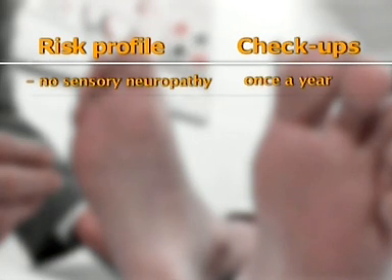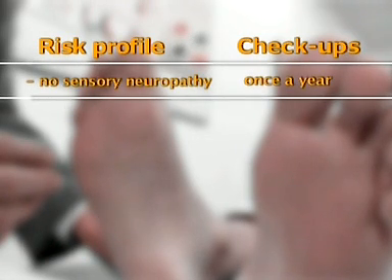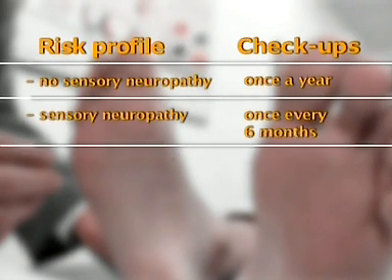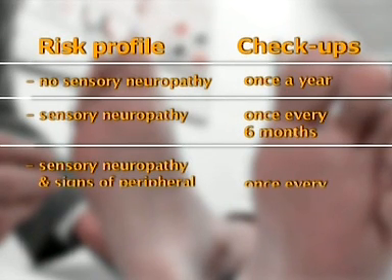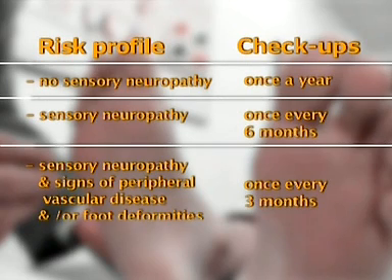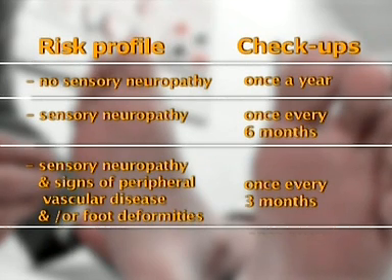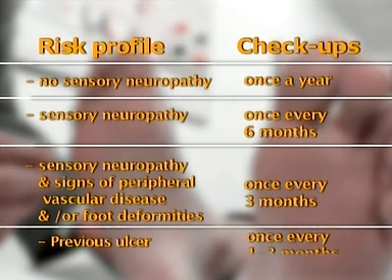No sensory neuropathy, once a year. Sensory neuropathy, once every 6 months. Sensory neuropathy and signs of peripheral vascular disease and or foot deformities, once every 3 months. Previous ulcer, once every 1 to 3 months.